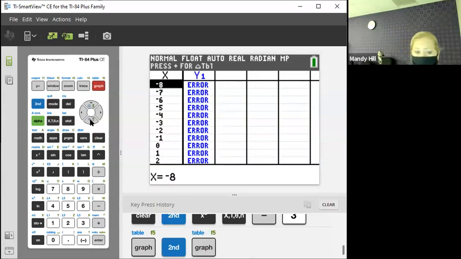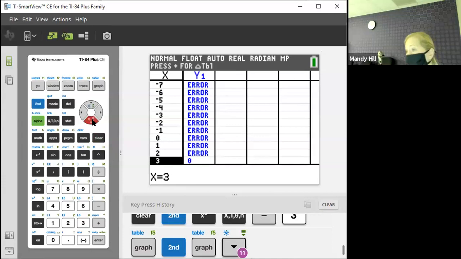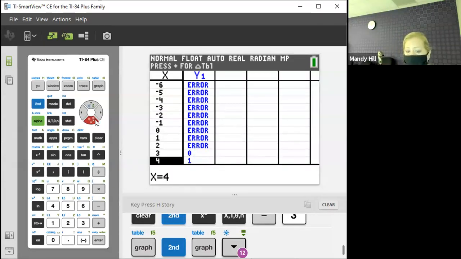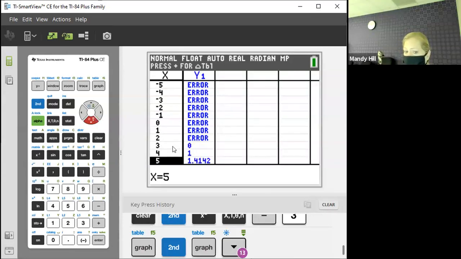Why are those errors there? Because when we plug -7 in for x, or -4, or -1, or any of these numbers that have errors, it's going to give us a square root of a negative number underneath, and they don't exist on this graph. So they're imaginary. The first time that we see something is (3, 0), then 4 is 1. So that's why you're getting these errors when you see those.